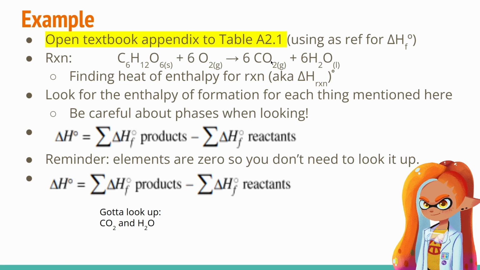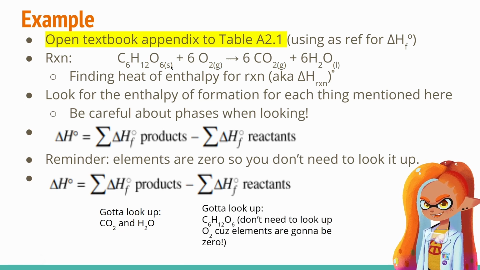We have to look up CO2 as a gas and H2O as a liquid. Okay, so those are our products. In our reactants, we have this guy, sugar. You don't need to look up O2 because, again, O2 is going to be 0 because elements are 0 because they're naturally occurring. So make sure that you know that. I've already said this a lot of times.